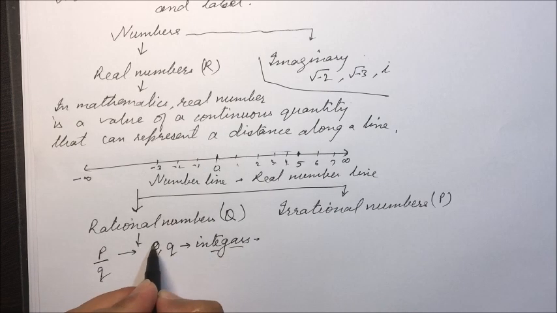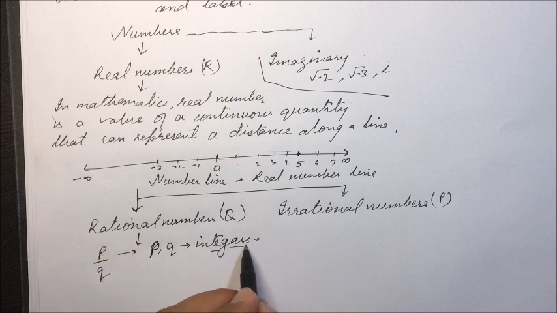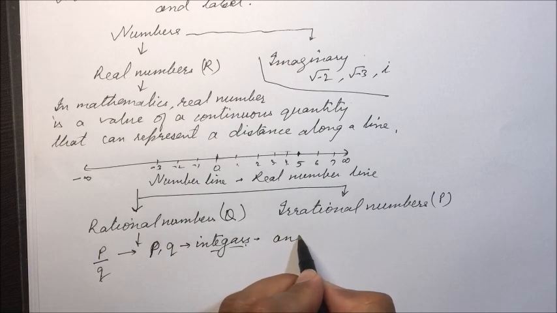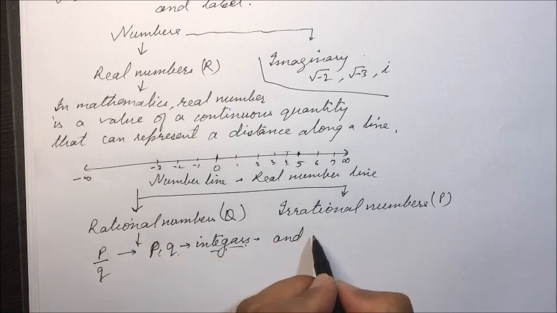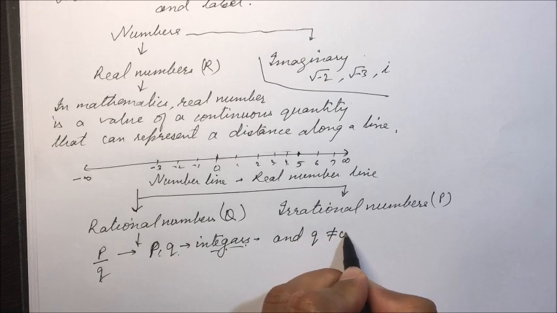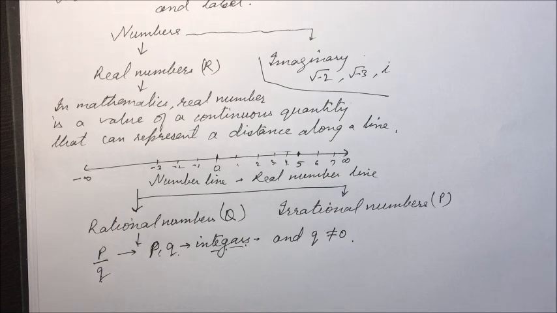This is small p. So two conditions are there: both are integers and q not equal to 0. If these are satisfied, then we call this number which can be represented as p by q a rational number.